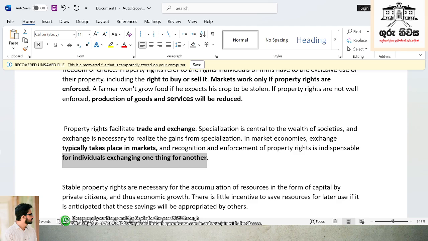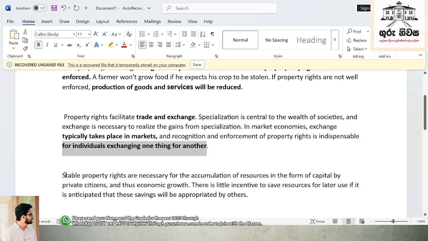If people cannot have property rights for goods and services, properties or resources, then they are demotivated to purchase or exchange something. Then markets won't work.